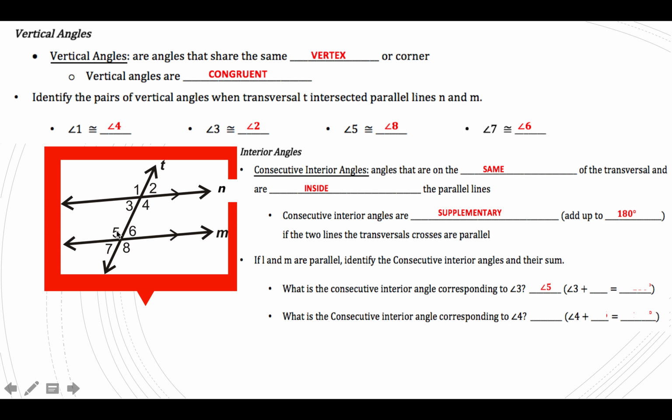That's going to add up with our angle 3 to give us 180. Now we want to look at 4. We want to go to the other intersection and look for the interior angle that is going to add up with our angle 4 to give us 180 degrees. Well, it's going to be angle 6.